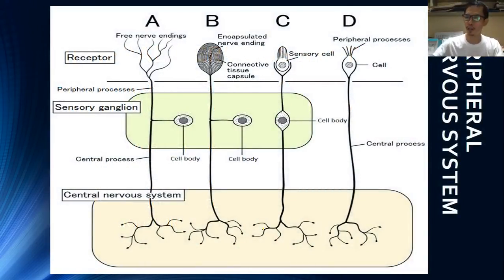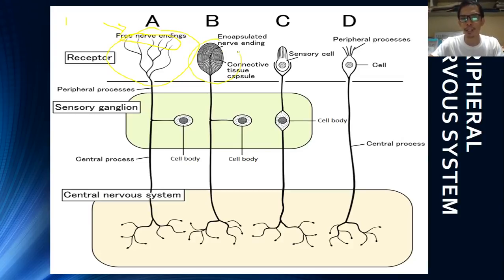Okay, so as you can see here, there are different types of receptors that we have. This thing right here is what they call the nociceptors. These receptors are composed of 3 nerve endings, and are very sensitive to any mechanical aspect of stimuli like pressure, temperature changes, and other stuff.